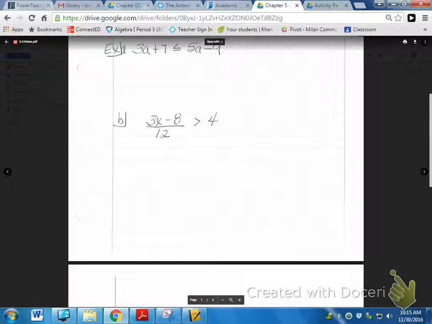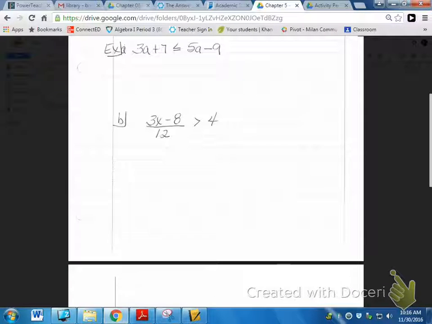This is one that's a little different. That's why I pulled it up. 3x minus 8, all over 12, greater than 4. What am I going to do? Multiply by 12 on both sides. Okay.